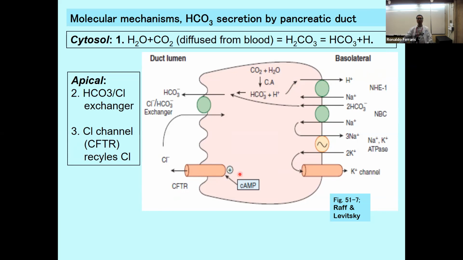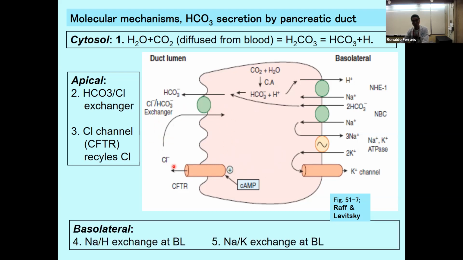So in people with severe phenotypes of cystic fibrosis, their pancreatic ducts are not working well because this is not working. So we throw away the protons to the blood side by way of the sodium hydrogen exchanger.